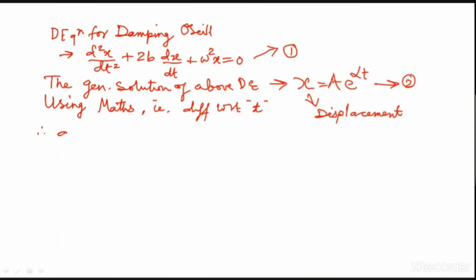Therefore, the first differentiation dx/dt is equal to alpha a e to the power of alpha t. If you do it successively, d²x/dt² gets one more alpha here. Therefore, alpha square a e to the power of alpha t. We call this set 3 if you want.